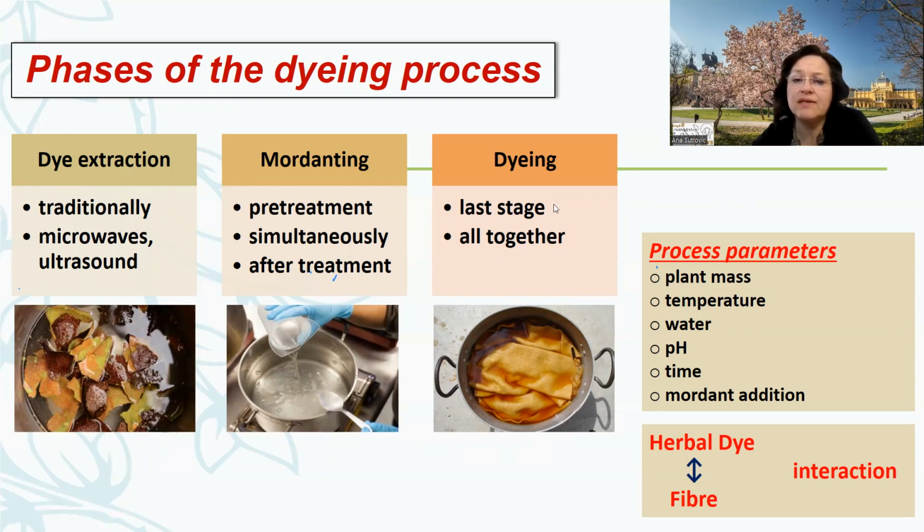And of course, the last stage is dyeing, when we put all of our components together. The following parameters are important for our experiment, for our process, because during the textile dyeing, the interaction between natural pigments and functional groups of textile material is present.